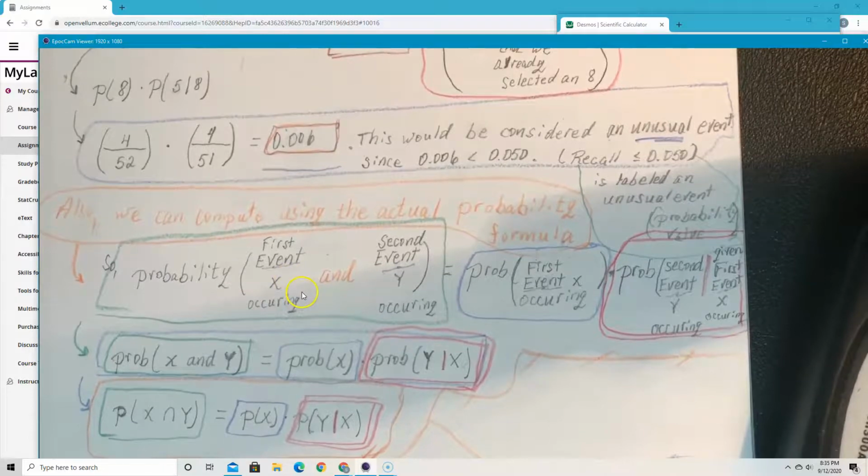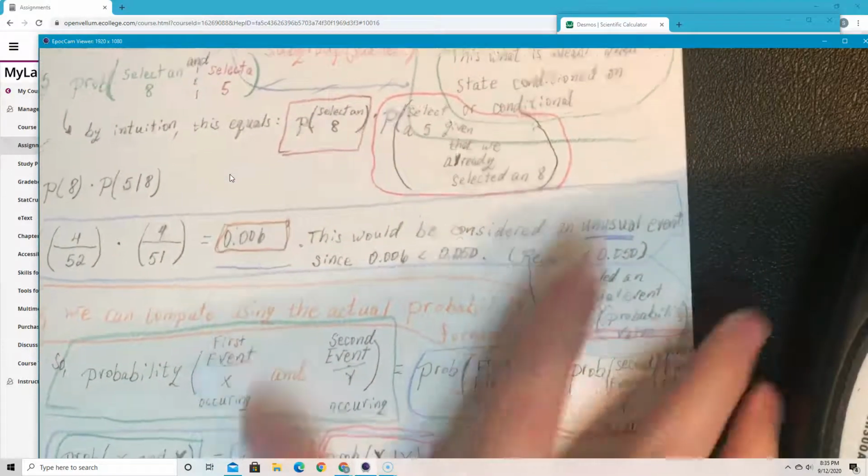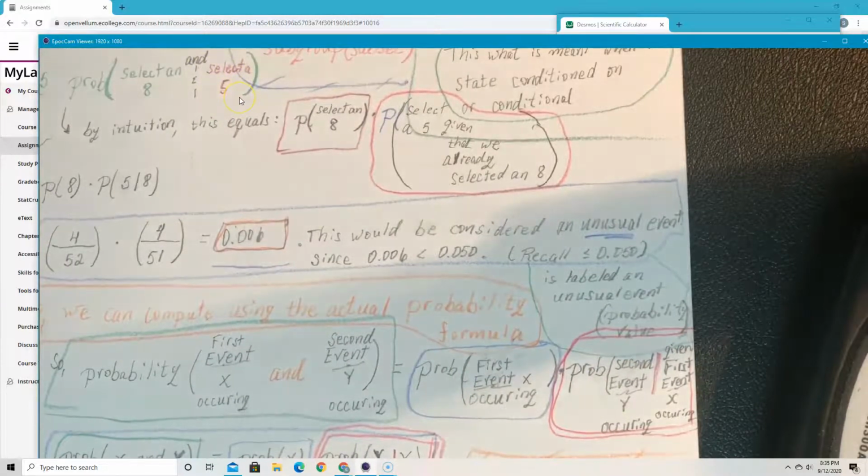Why X? There's no reason. It could be S, T, or whatever. And the probability of the first event, say it's called event X, and the second event, say it's called Y, occurring, just like this one up here was selecting an 8 and then selecting a 5 next.